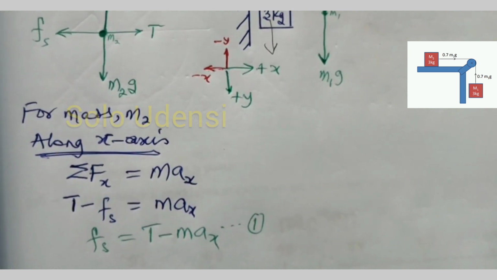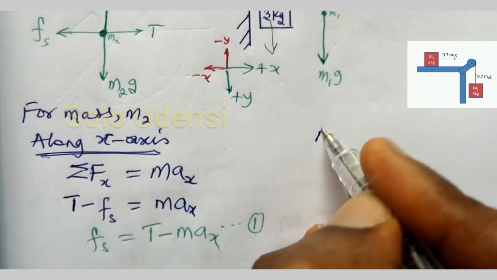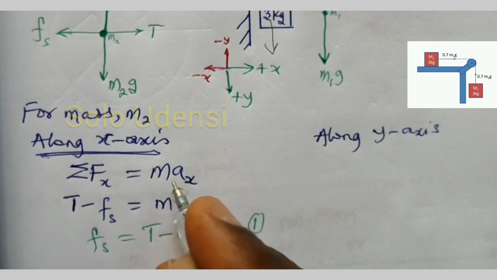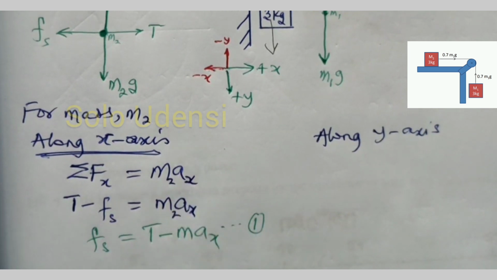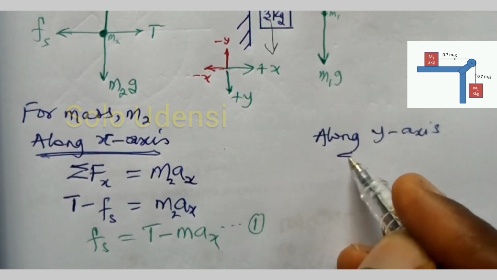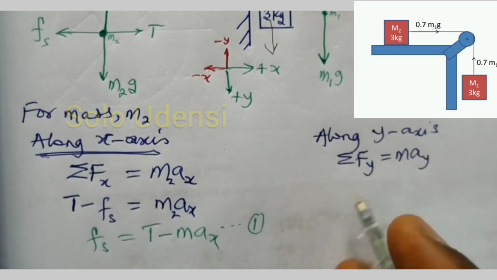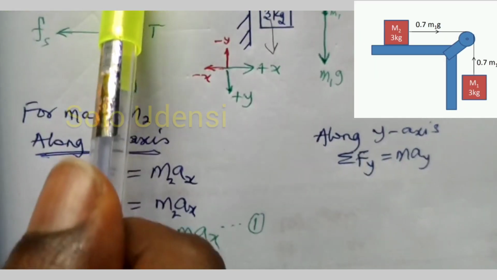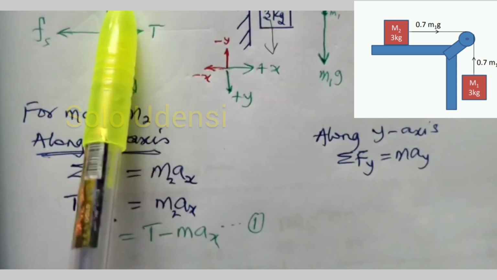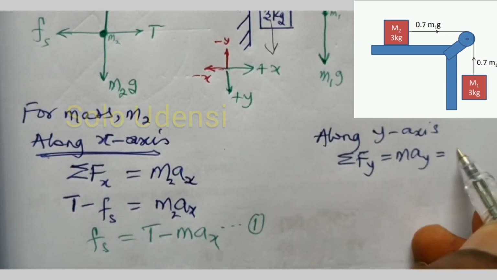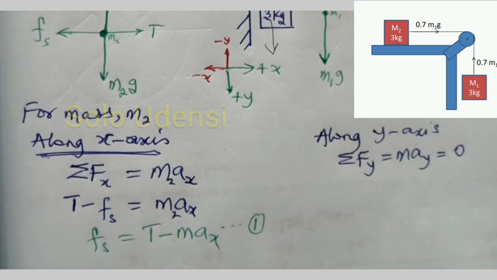Okay, along the y-axis, that's vertical, for this m2. Remember, this is m2. Along the y-axis, sigma Fy should be equal to m ay. But the motion is along the x-axis. It's not bumping up and down, so there's no motion along the y-axis. So ay is 0, and all the forces acting there will be 0.